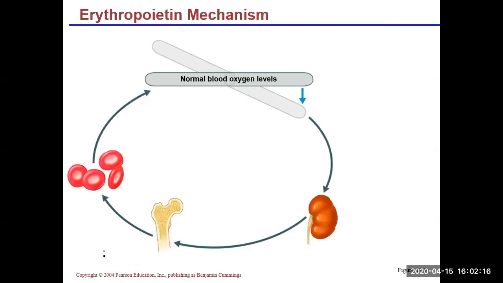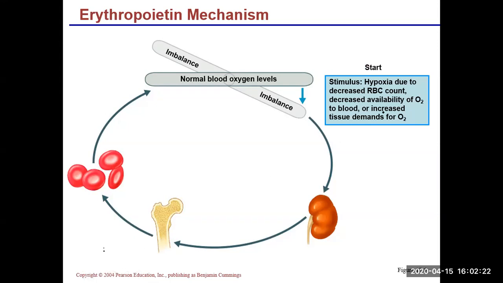Here is the idea. The first thing that is going to happen is hypoxia, a lower availability of oxygen due to a lower number of red blood cells or other reasons, but in all of these scenarios, the oxygen level is going down. Next, the kidney, and to a smaller degree the liver, releases erythropoietin.